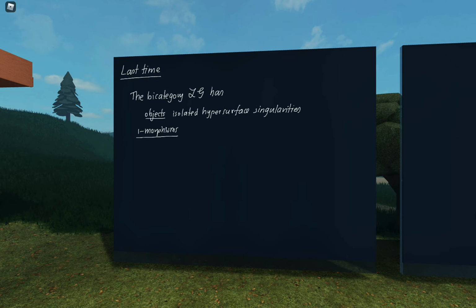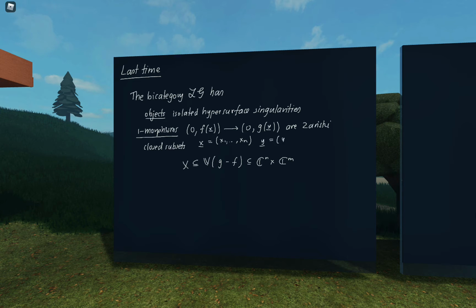Well, the way you'll find it defined in the literature is as matrix factorisations, but the way I presented it last time was to say that a one morphism from an isolated hypersurface singularity with equation F to an isolated hypersurface singularity with equation G, those are Zariski closed, that is defined by polynomial equations, Zariski closed subsets of the form X of the vanishing locus of G minus F. And that's contained in Cn cross Cm, where there are n x variables and m y variables.